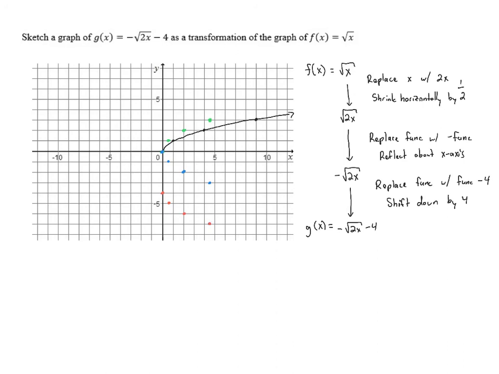We're shifting all of these down 4 units, and we end up with a graph that looks something like this. This represents g of x equals the negative square root of 2x minus 4.